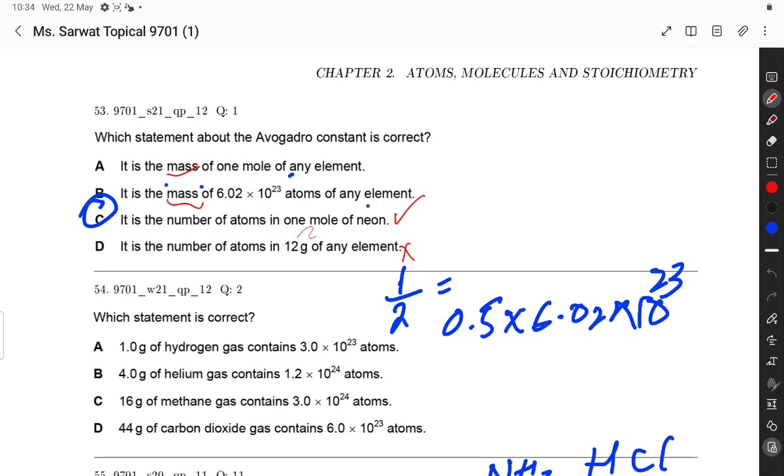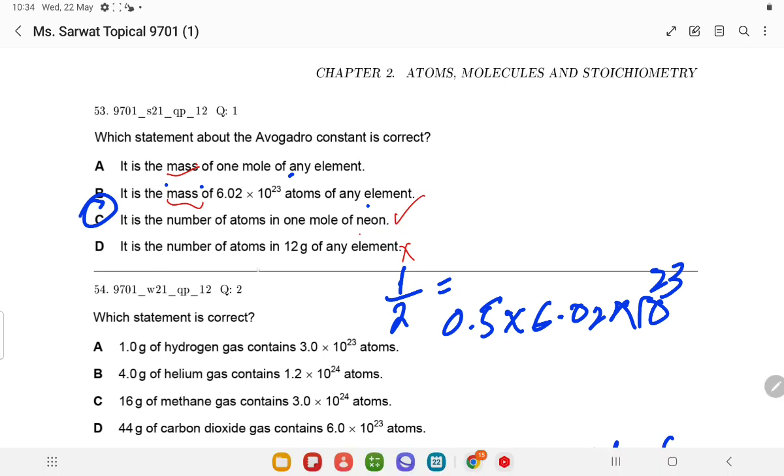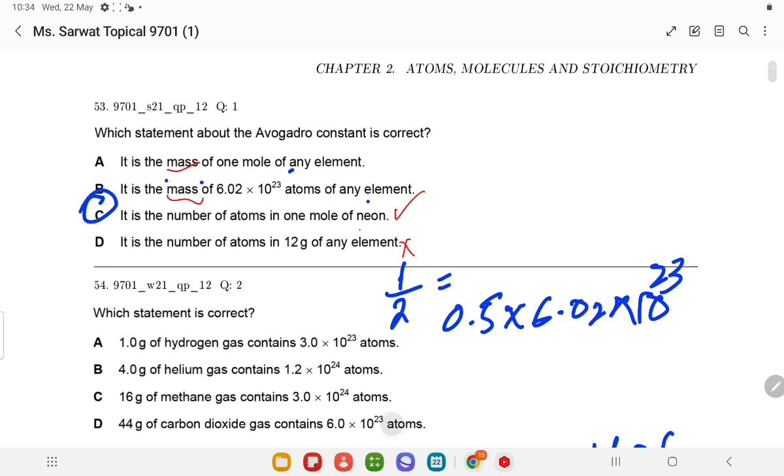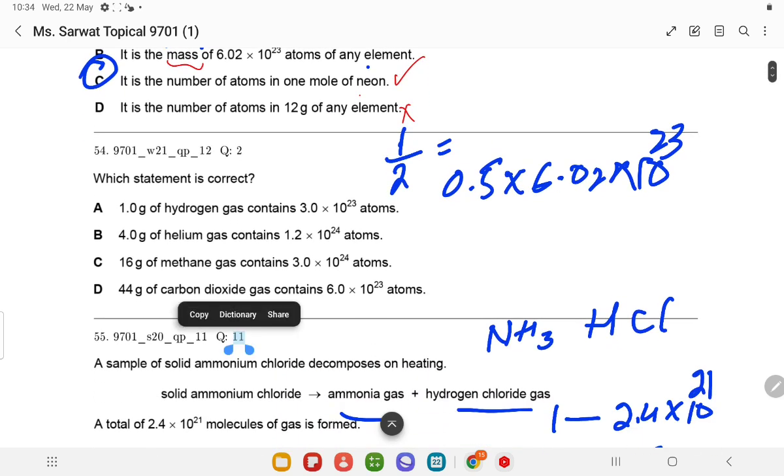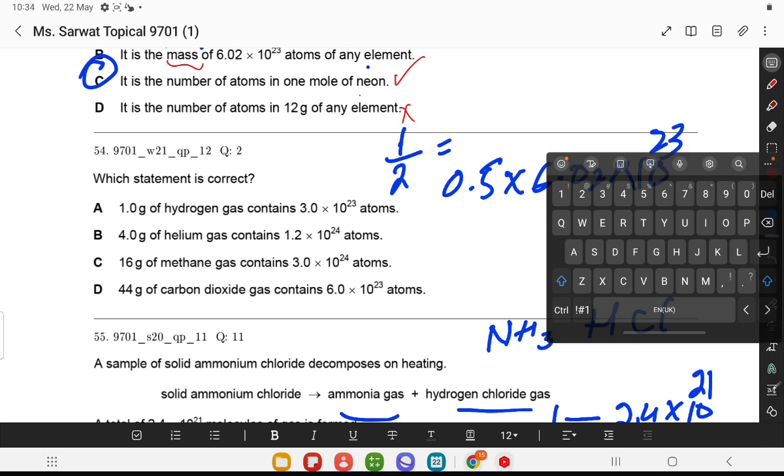It is the number of atoms in 1 mole of carbon-12. This is the correct option, C. It is the number of atoms in 12 gram of any element. This is also incorrect. Not any element. 1 mole of any element contains 6.02 into 10 raised to 23 atoms or molecules.